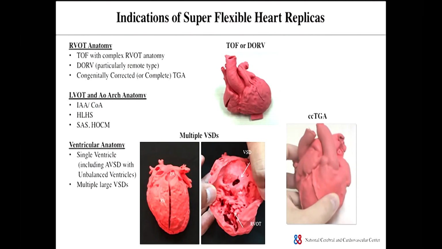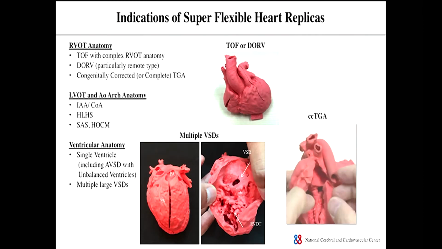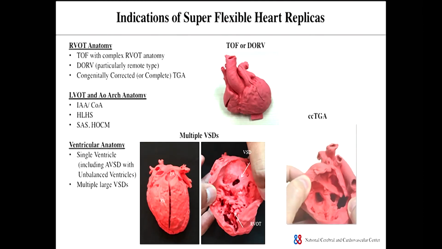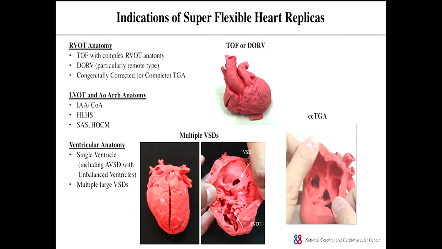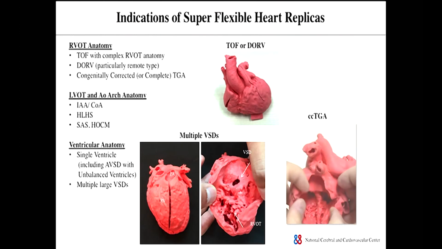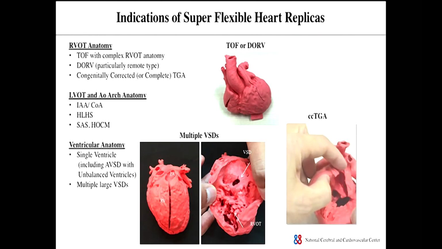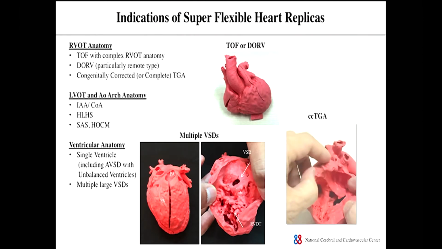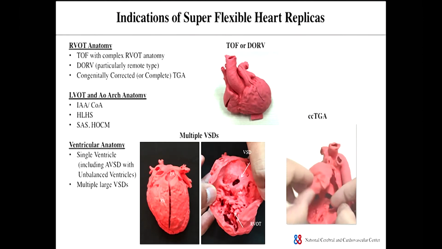So what are the indications for such a superflexible heart replica? RV anatomy is very complex in congenital diseases, such as tetralogy of Fallot or DORV. DORV, particularly with remote type ventricular septal defect, is a very good indication for simulation surgery using a 3D model.